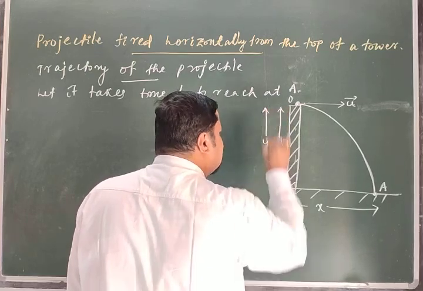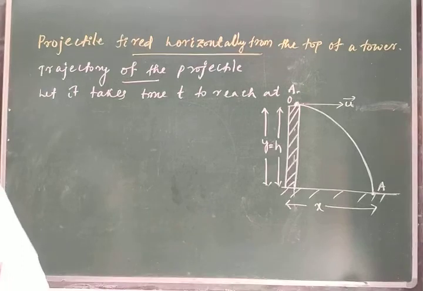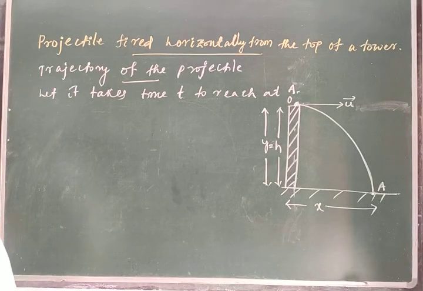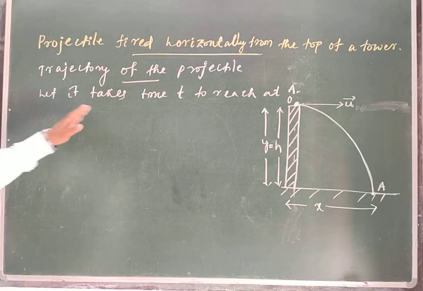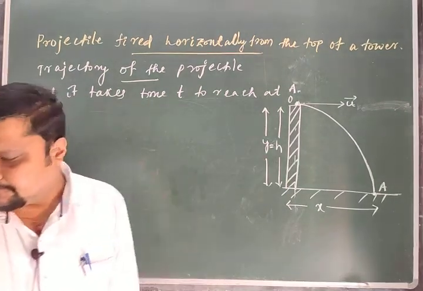You can say this is y because it is the y axis. So y distance and x distance. Let the time taken by the projectile to reach A be t.